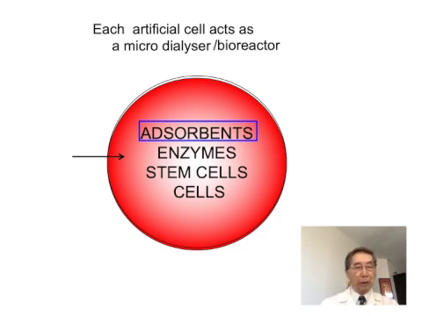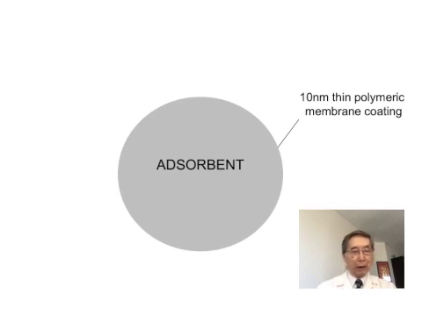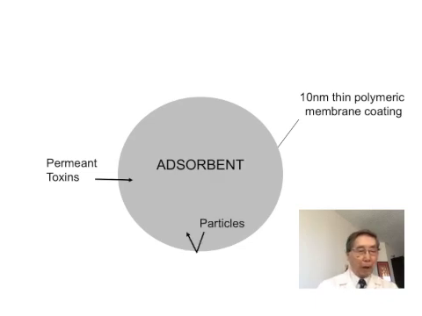Let's look at adsorbent. Adsorbent, you can put a membrane around it, 10 nanometer thick. This way, permeant toxic substance can go in, particulate doesn't come out, cell cannot be removed.